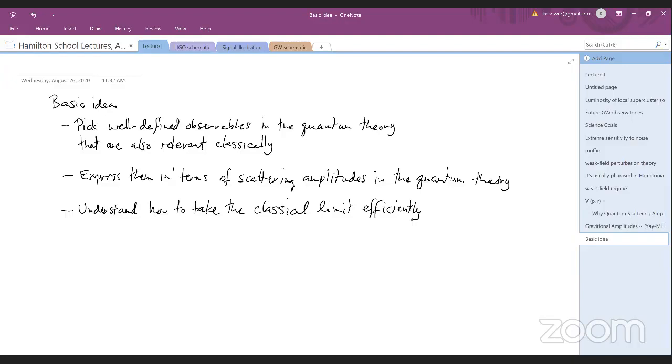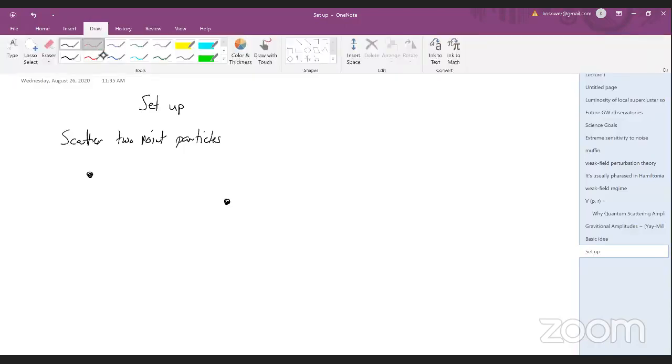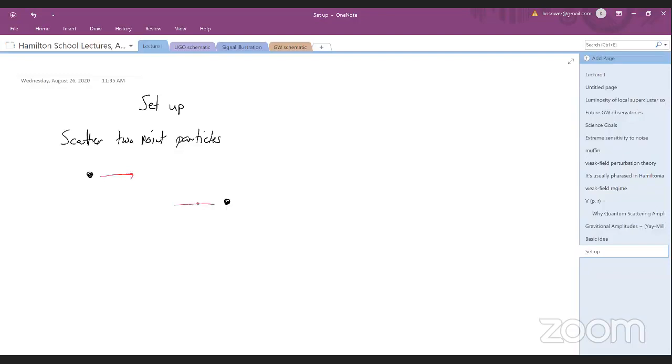So the setup that we have is kind of the unbound analog of the caricatures I was drawing earlier. We're going to scatter two point particles, and they're going to be going this way.